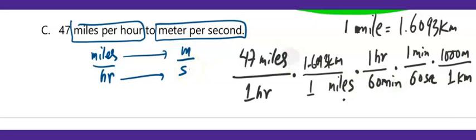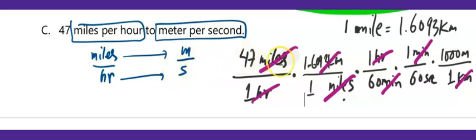So if you do that, miles cancel, minutes cancel, hour cancel, kilometer cancel. So you see 47 over 1 times 1.6093 times 1 times 1 times 1000 divided by 60 times 60.